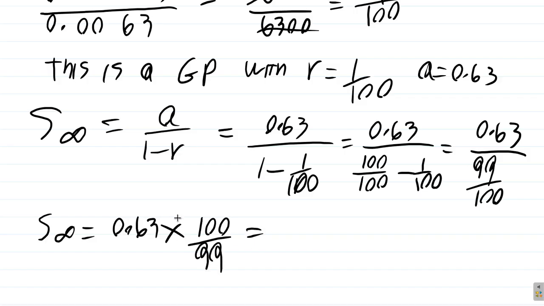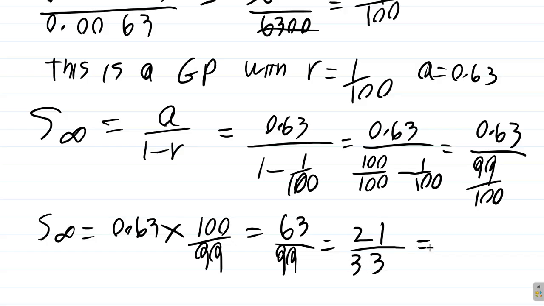So 0.63 times 100 gives us 63, divided by 99, and we could cancel down. 3 into 63: 3 into 6 goes 2 times, 3 into 3 goes 1 time, so that's 21, divided by 3 into 99 is 33.